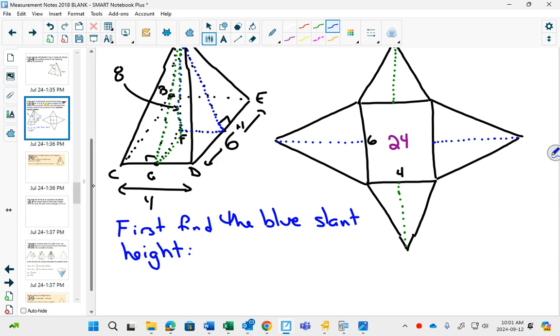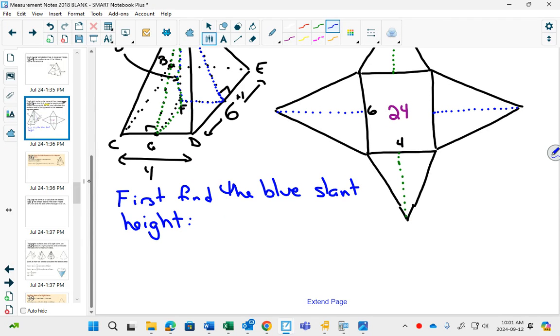And the blue slant height, the way that I've drawn it here, makes a right angle triangle with the actual height. I know that the actual height is 8. In this blue triangle, how far is it from here to the center?